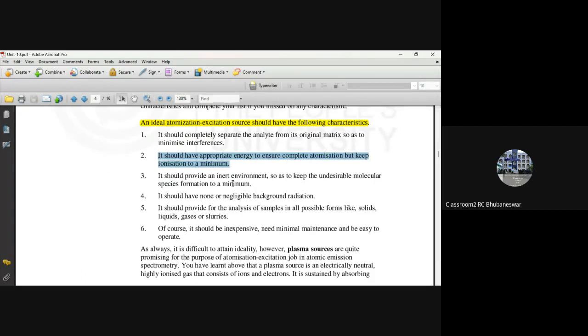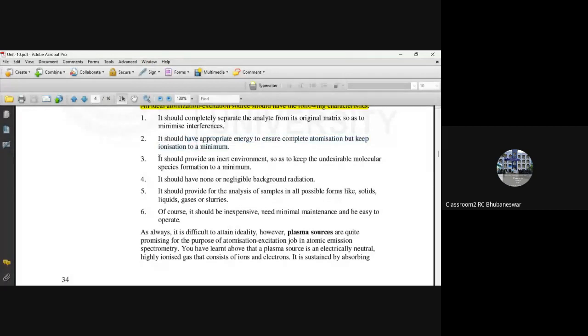So it should have appropriate energy to ensure the complete atomization process. It should provide an inert environment so as to keep the undesirable molecular species formation to a minimum. Too much molecular species interference is not good.